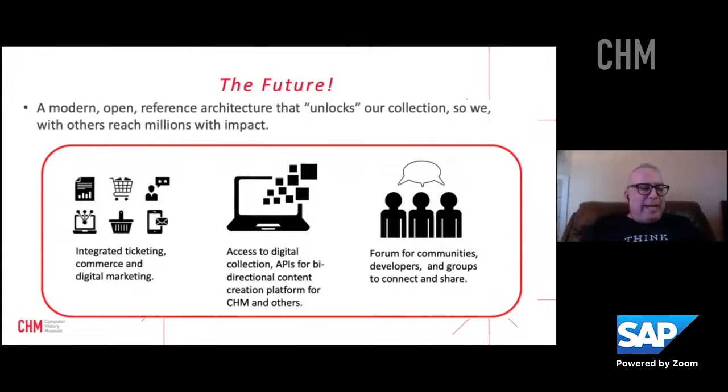What we're calling OpenCHM is to make our historical collection and archives more visible and accessible to a global audience. We're going to build some hooks and APIs for people to share content and pull content directly from our collection and use it in whatever ways they want.